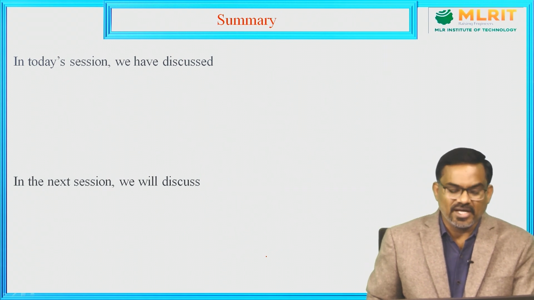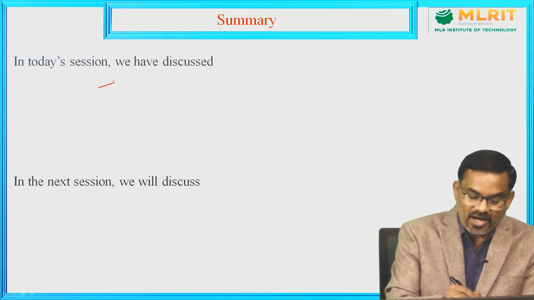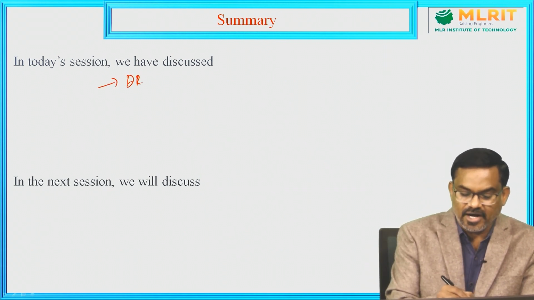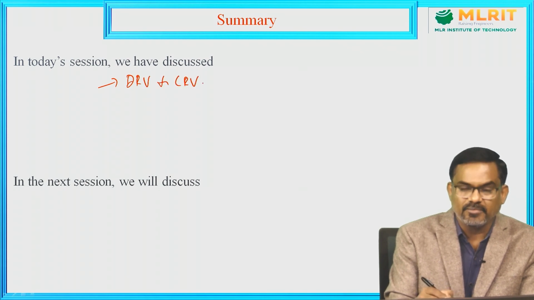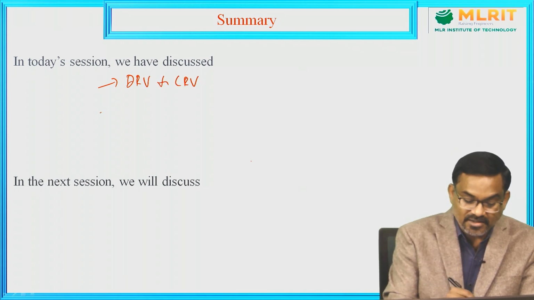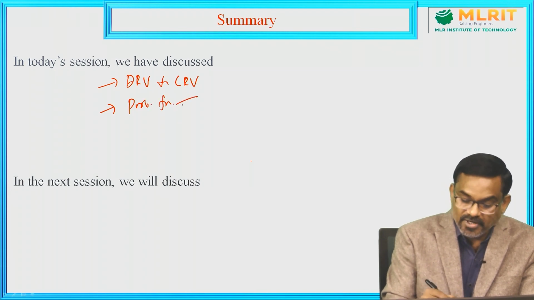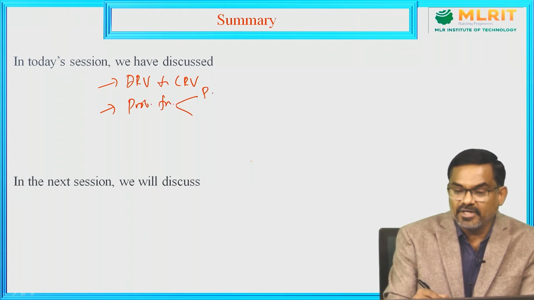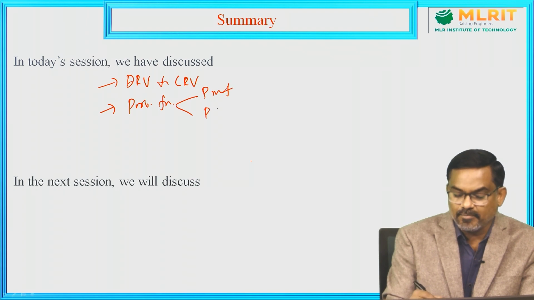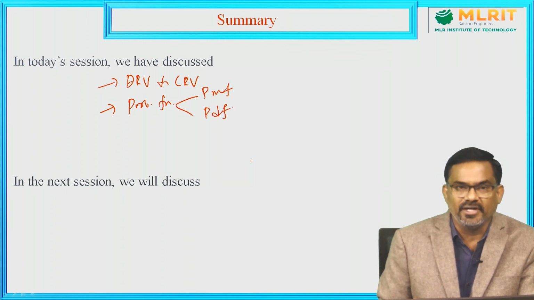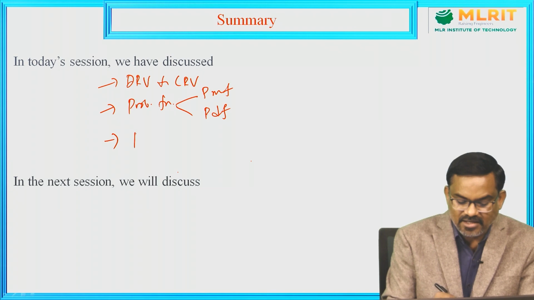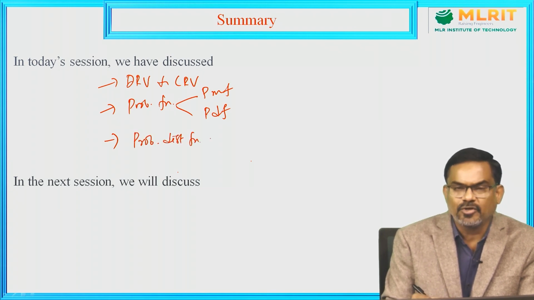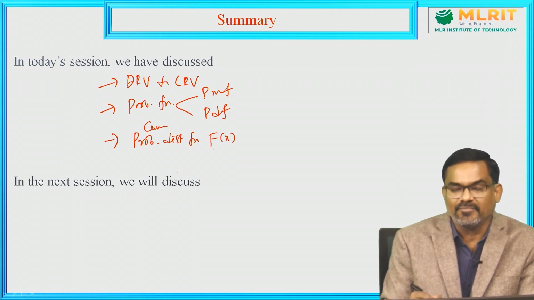Now, coming to today's session, we have discussed discrete random variable and continuous random variable along with examples, and then the probability function, which is of two types: probability mass function PMF and probability density function PDF. Similarly, there is another probability distribution function which is called the cumulative probability distribution function denoted by capital F of x.